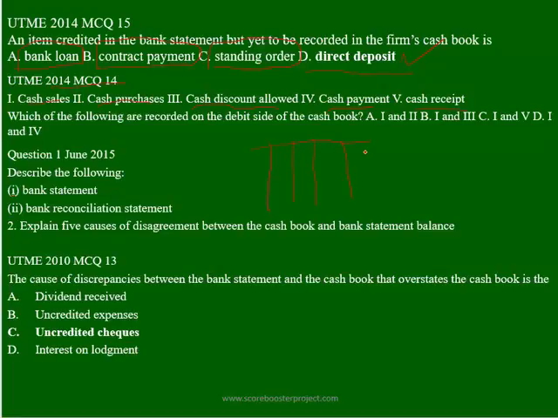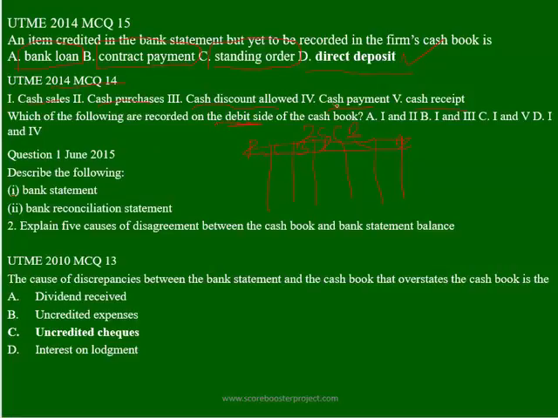Let's take a 2-column cash book, for example. Remember, how does it look like? I have cash, bank, particulars, cash, bank. So they're asking me, which of these will be recorded on the debit side?